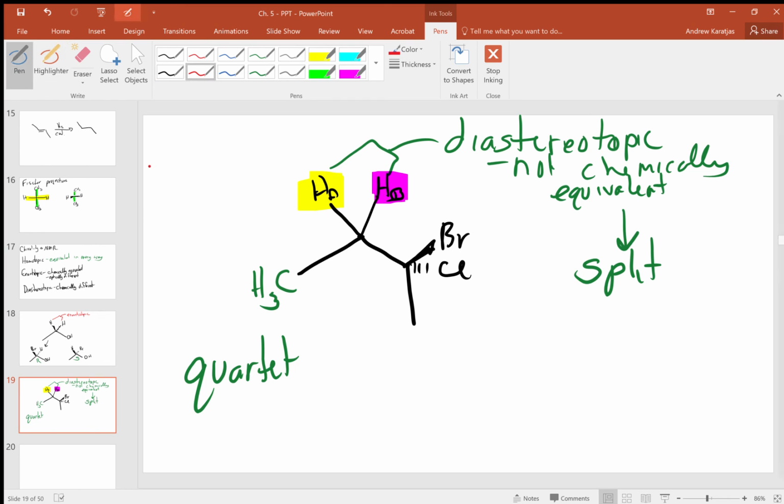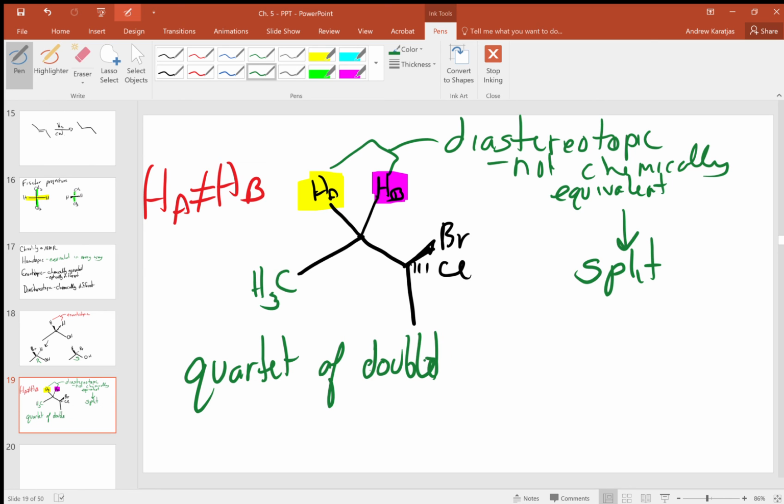HA, because it's diastereotopic with HB, they're not chemically equivalent. And so HA will also be split by HB into a doublet.